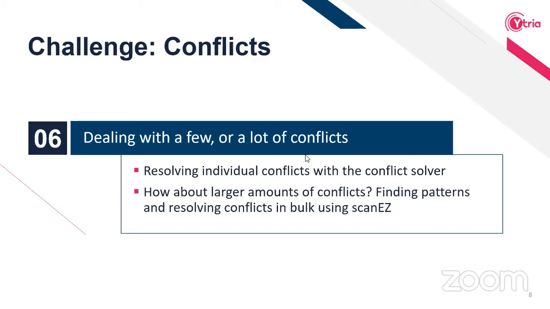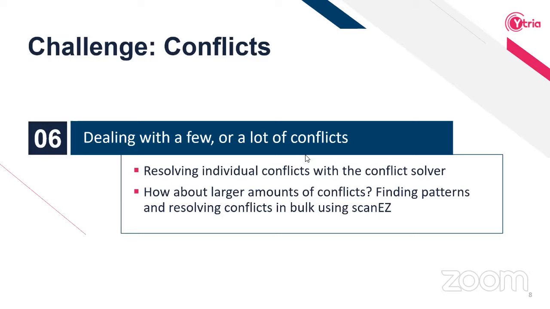However, there's another situation, and we see this quite often with customers, where you look at a database and you find hundreds, if not thousands of conflicts, right? Now, in that particular scenario, what's really important is to first realize that it's probably not because there are thousands of users editing various documents at the same time.